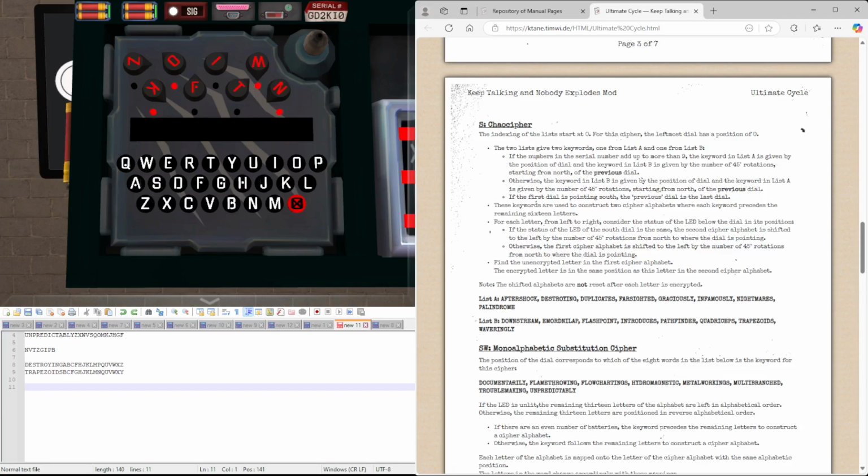So that would be going from this. So I think we can do this, but then go from the bottom to the top one.